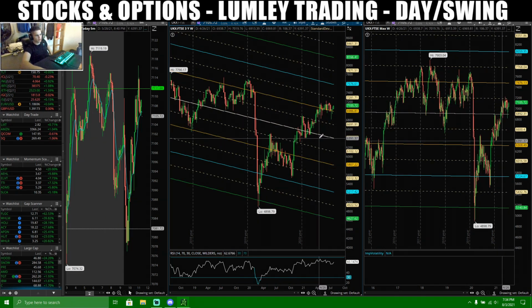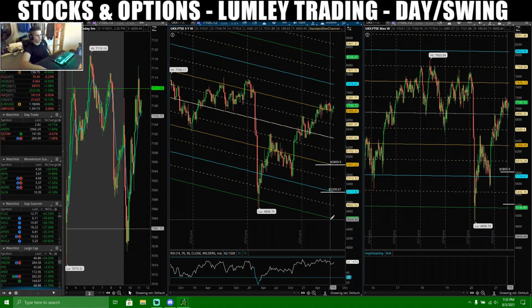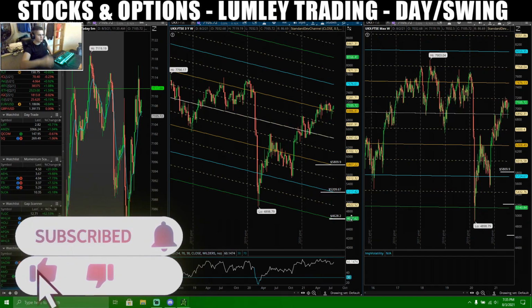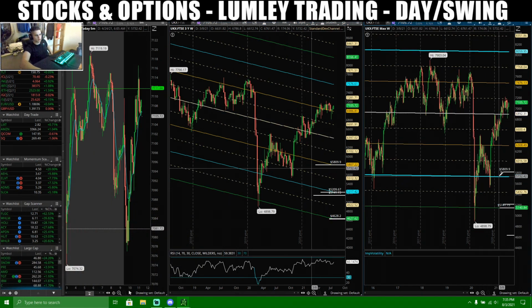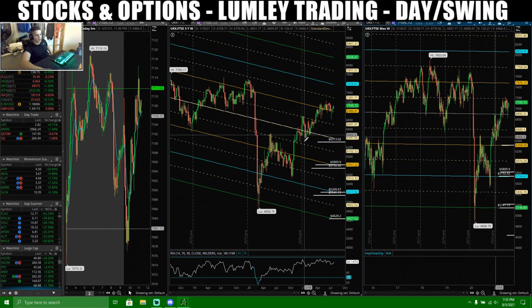So if you're looking more at this and you're looking for price targets, the 5,800 area is a good buy. 5,200, 4,600 are all good areas, and the same kind of on the weekly max chart. These are all considered good areas of buying, or low risk areas of buying.